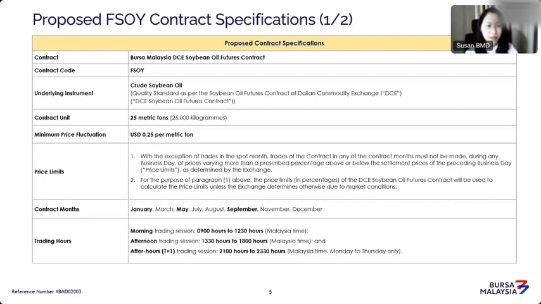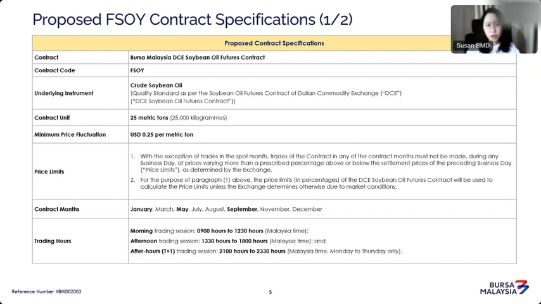However, do take note that although FSOY takes DCE soybean oil futures as a reference for its final settlement price and the underlying asset, some of its contract specifications are different, especially the contract unit. DCE soybean oil futures contract size is smaller at 10 metric tons, but the FSOY is at 25 metric tons.